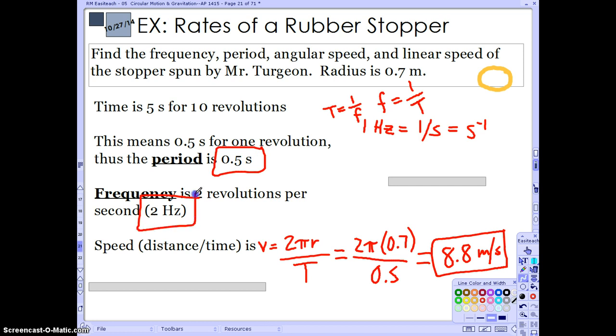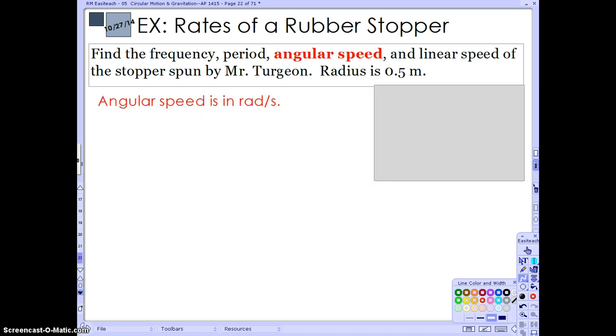And now let's get the angular speed. So first of all, angular speed is in radians per second. Well, that begs the question, what's a radian? Okay? A radian is a way of measuring angular displacement, the extent to which something rotated.